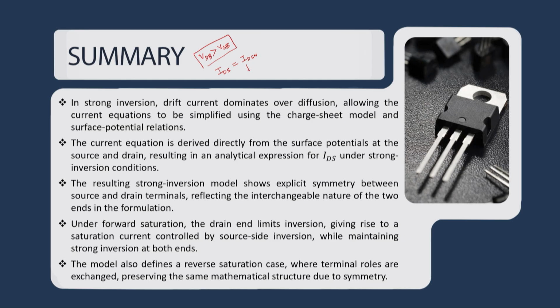We derived that IDSN and we found that our current versus VDB graph is given like this, where below pinch off my current is increasing with VDB. However, beyond pinch off, this equation that we derived for IDSN will not follow, and hence we need to refresh our equation to find out the saturation part of the current equation.